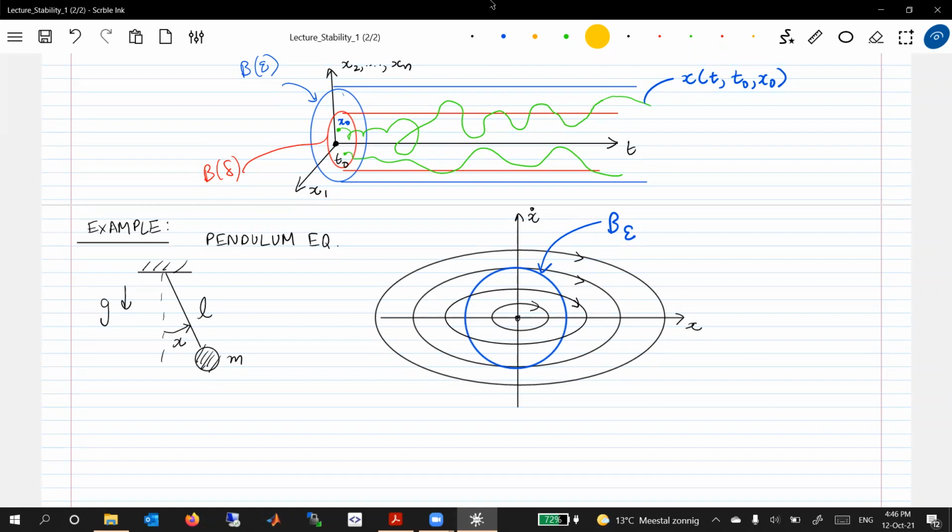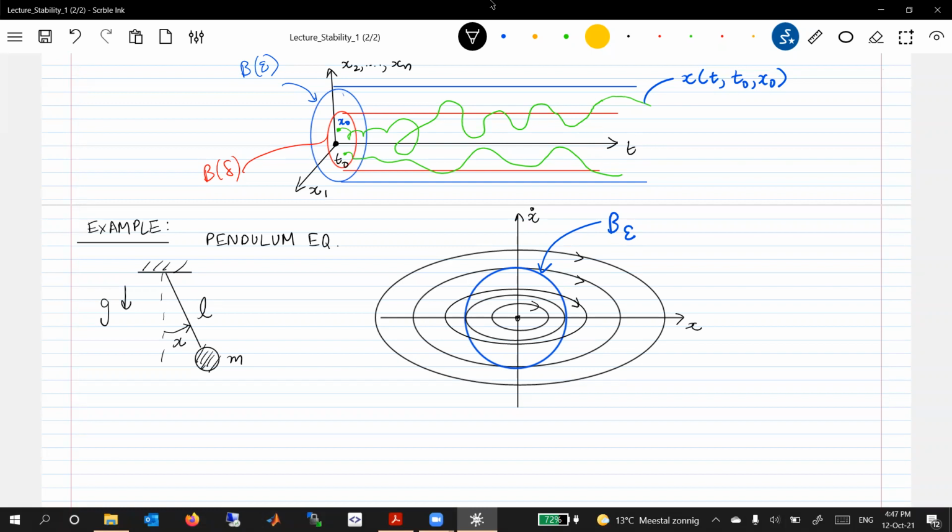So in some sense, what we are looking for is another ellipse, which is tangent to the blue ball here.